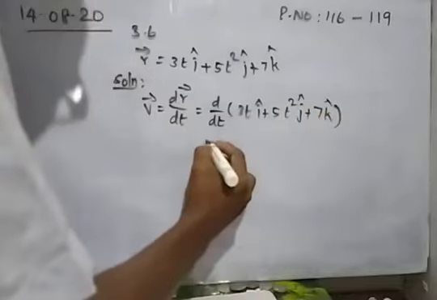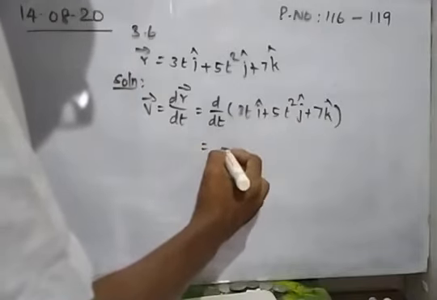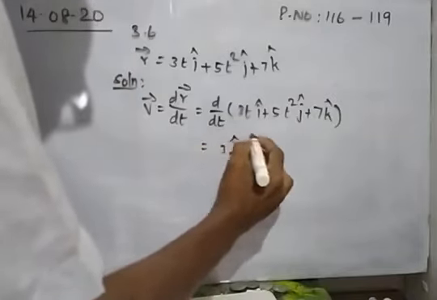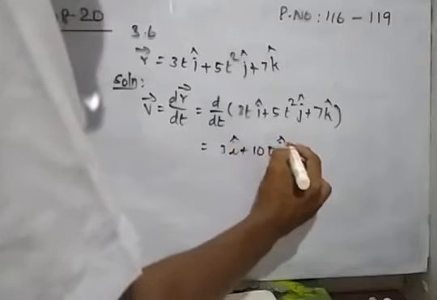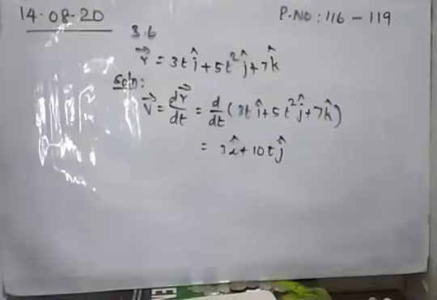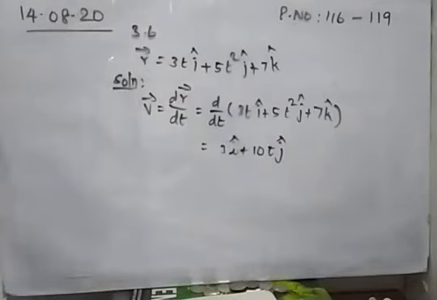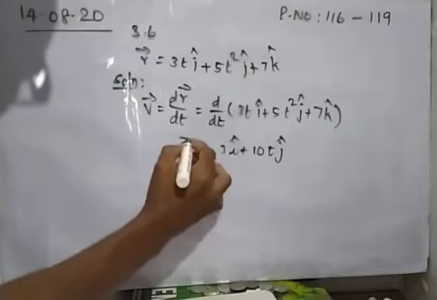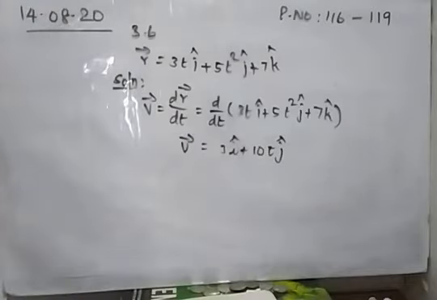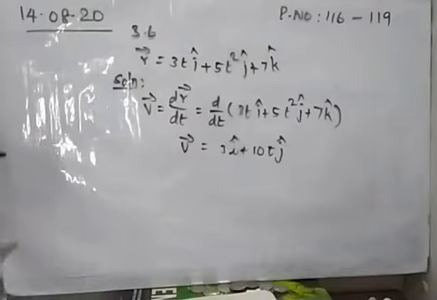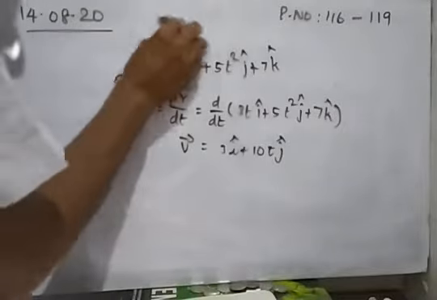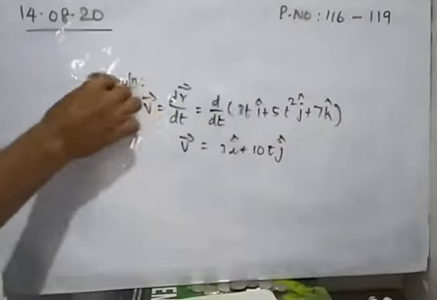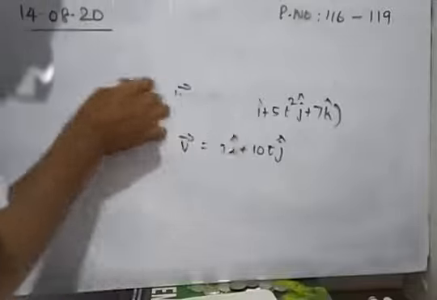Differentiating this, we get 3 i cap plus 10t j cap, and the constant gives 0. That is, dr by dt, or the velocity vector, is equal to 3 i cap plus 10t j cap. Then the acceleration experienced by the particle is nothing but the rate of change of velocity.